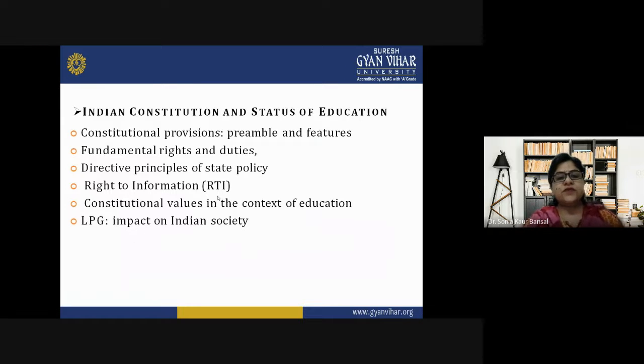Now it's time to see fundamental rights and duties, directive principles of state policy, right to information (RTI), constitutional values in the context of education, and LPG, that is liberalization, privatization, and globalization in education and its impact on Indian society. We are going to see it in a detailed manner, and I hope that whatever you learned in the last class, you will understand in a more proper way.